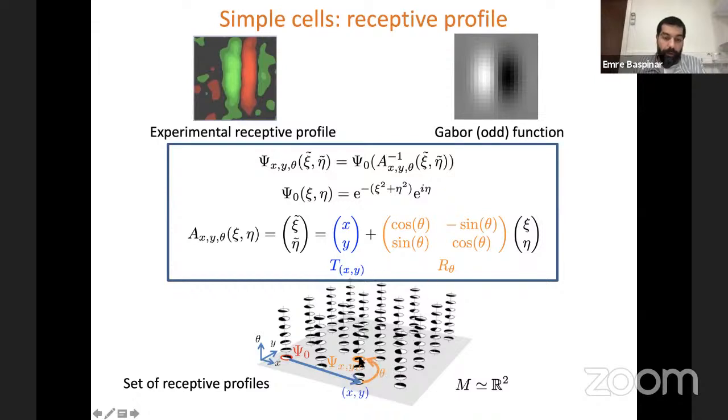And there you will find your Gabor function, your receptive profile, corresponding to the simple cell which is sensitive to the stimulus located at the point with the coordinates x and y, and which is in alignment with the direction corresponding to the orientation angle theta.